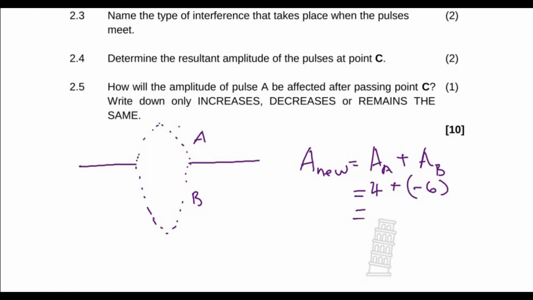A plus multiplied by a minus is just a minus, so we have 4 minus 6, which equals -2.